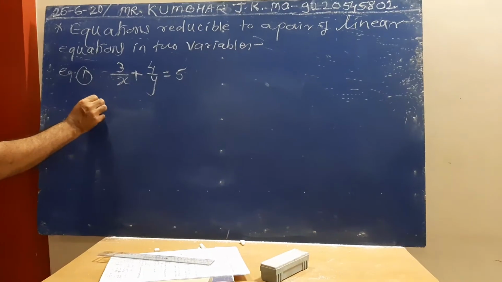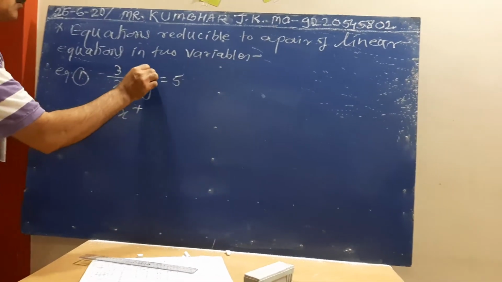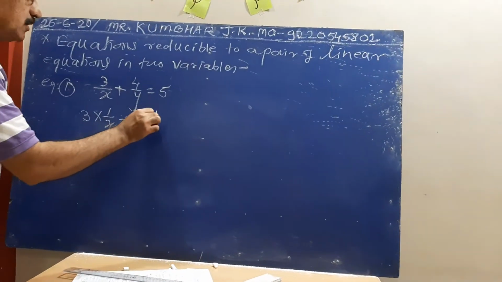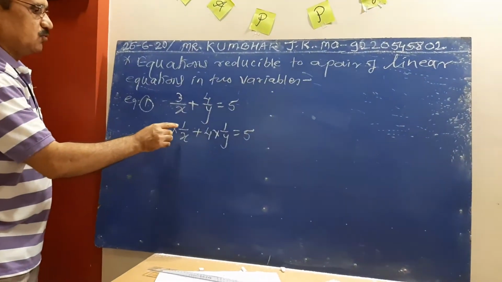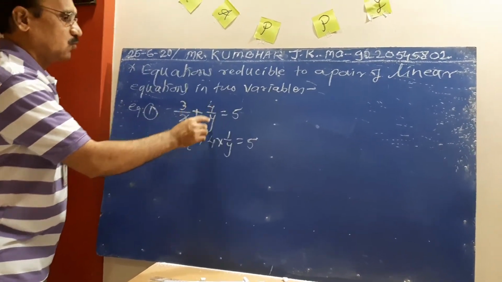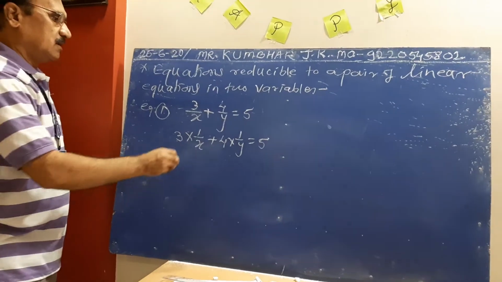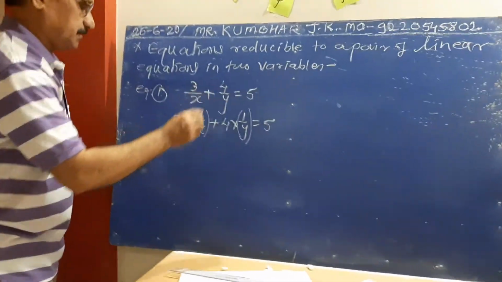We can write this in the form 3 into 1 upon x plus 4 into 1 upon y is equal to 5. Now here this is 1 upon x and this is 1 upon y.